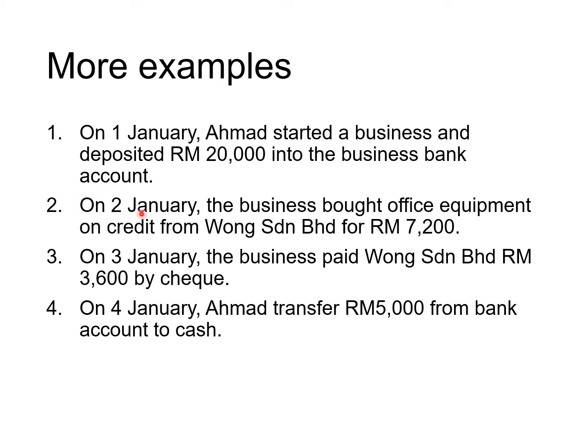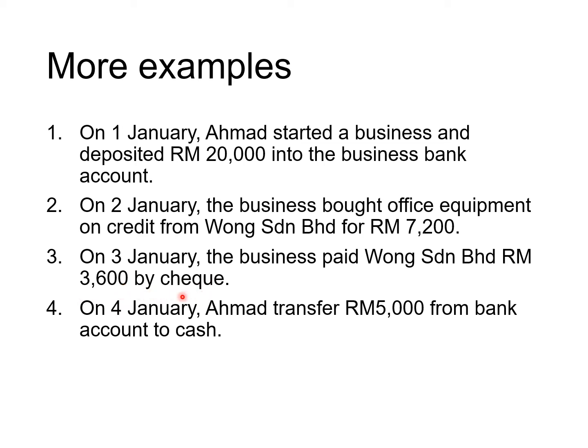And on the 2nd January, the business bought office equipment on credit daripada Wong Sendirian Berhad for 7,200. So, dia beli office equipment daripada Wong ni secara hutang. On credit means hutang. Dia beli sebanyak bernilai 7,200. 3 Januari, business tu bayar dekat Wong tapi dia bayar separuh je, 3,600 dan dia bayar guna cek.